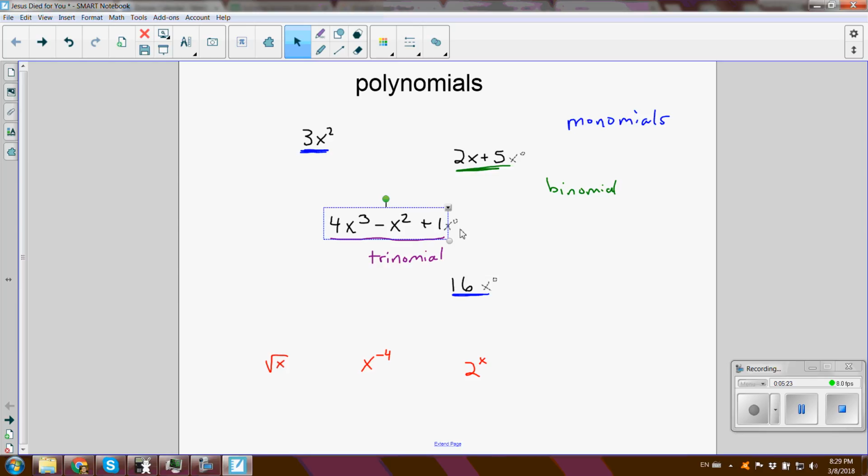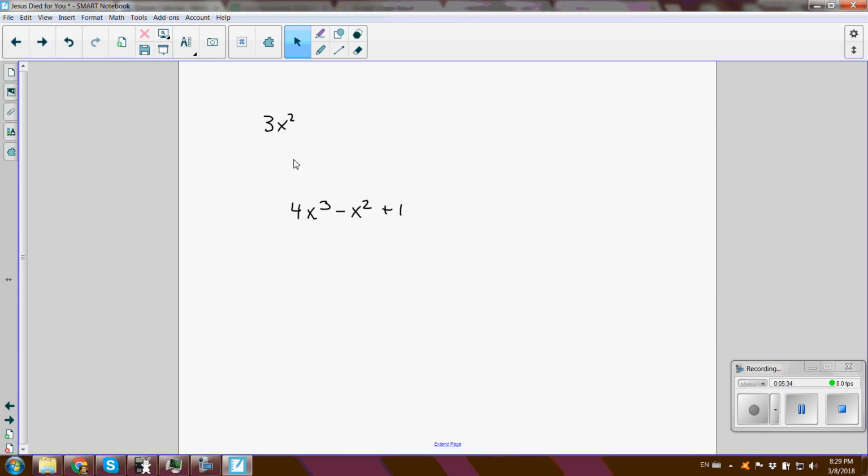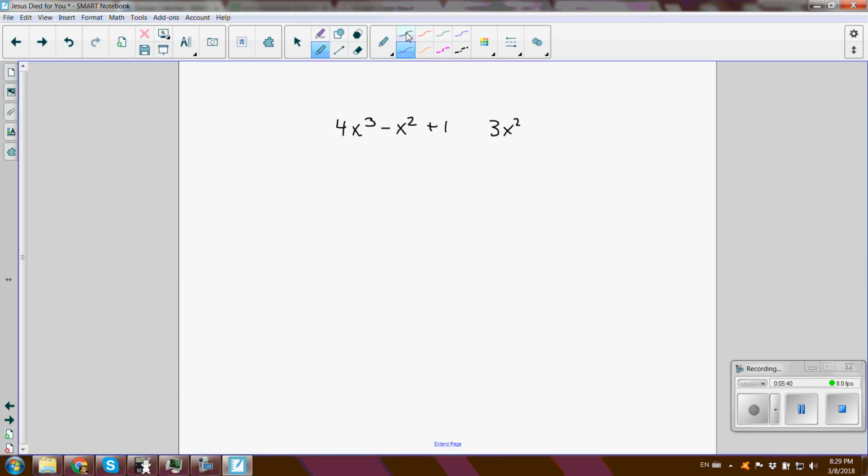Typically, the first thing students learn is adding and subtracting polynomials. Well, let's take these two polynomials and add them together. This polynomial plus this polynomial. We got a trinomial plus a monomial. Adding polynomials is really nothing more than combining like terms. I've got two terms with an x squared on them.